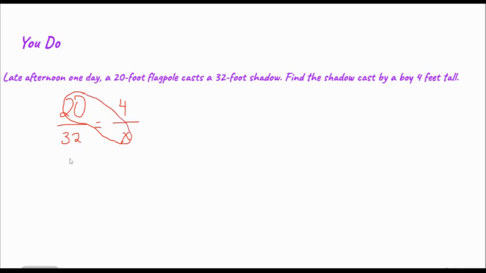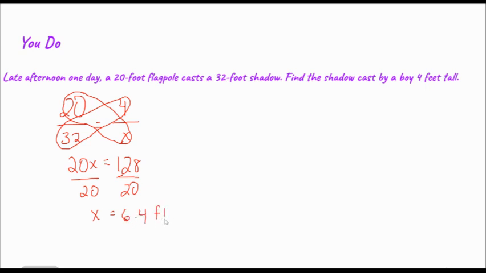We got 20x equals 32 times 4, which should be 128. Divide by 20. x equals 128 divided by 20, which is 6.4. So a 6.4-foot shadow.